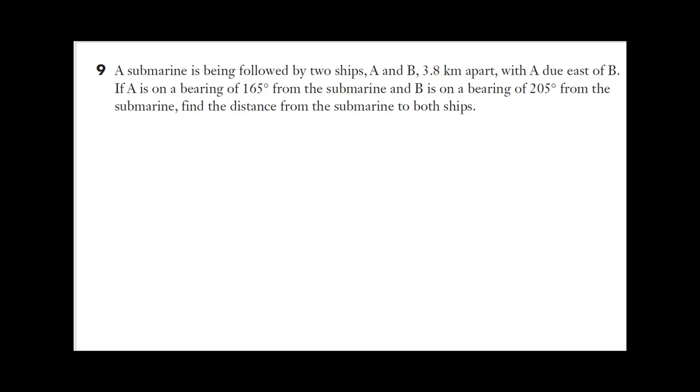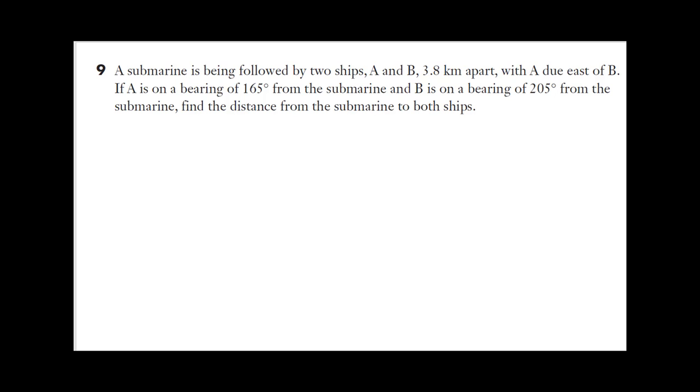Question 9. A submarine is followed by two ships A and B, 3.8 kilometres apart, with A due east of B. If A is on a bearing of 65 from the sub and B is on a bearing of 205 from the sub, calculate the distance from the sub to both ships.